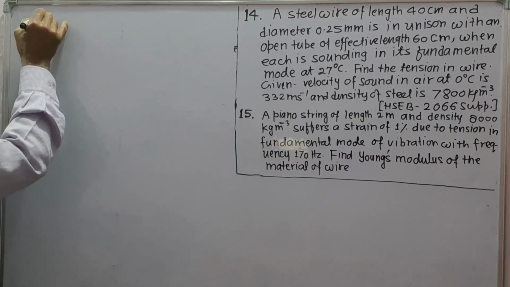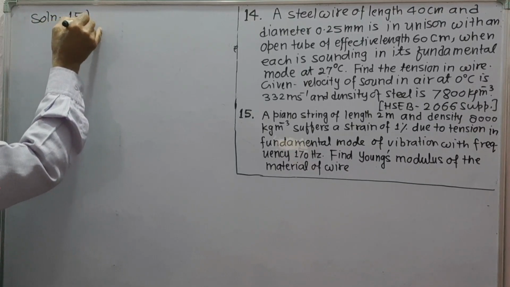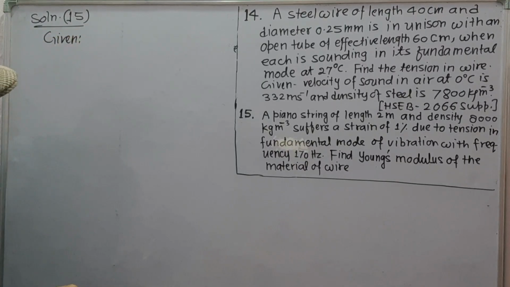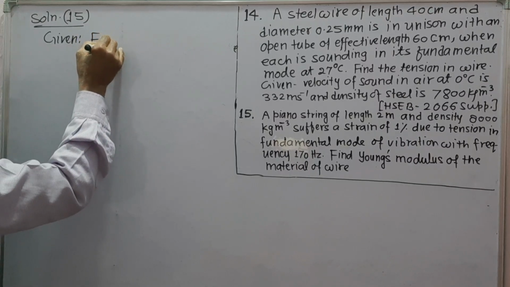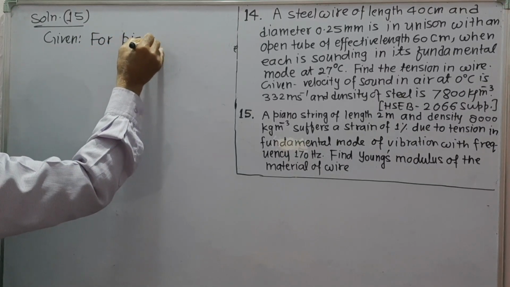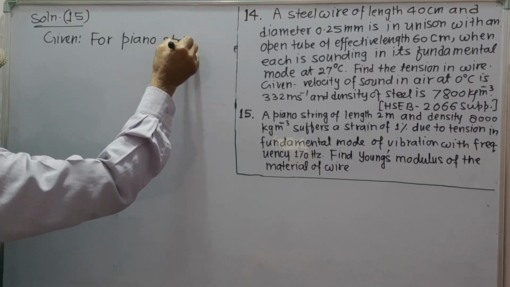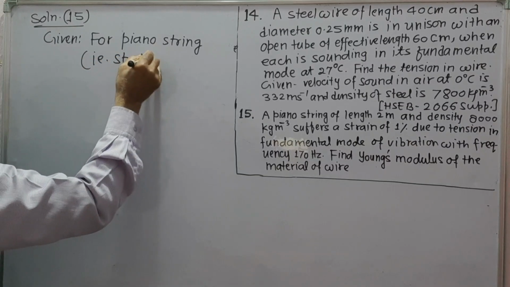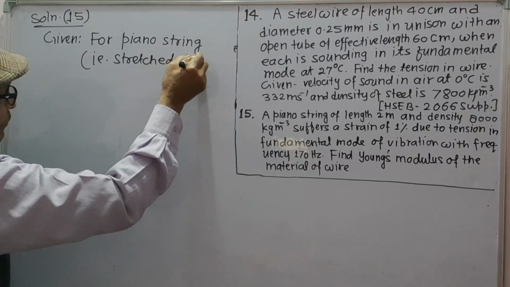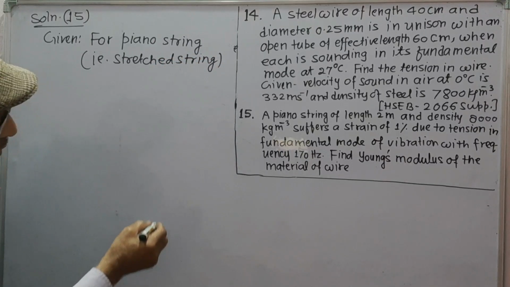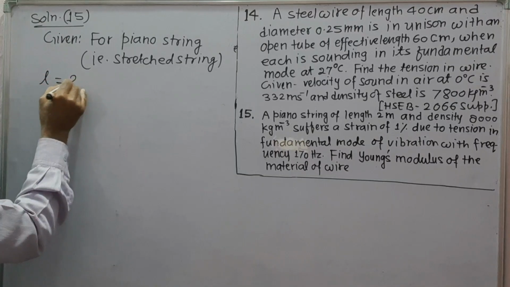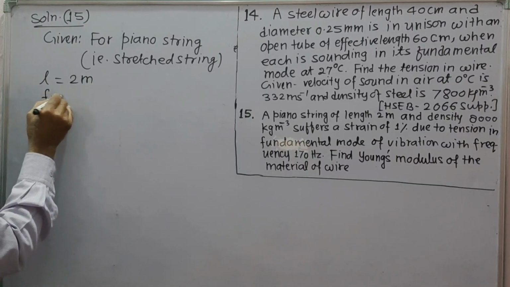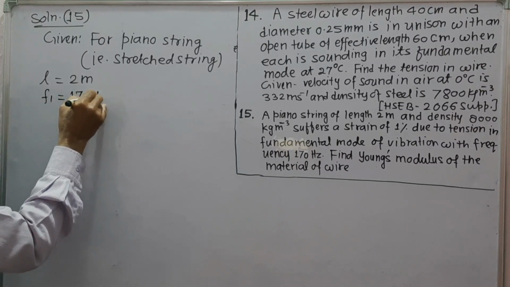So, solution to question 15. Given: the piano string length is 2 meter, the fundamental frequency is 170 hertz.